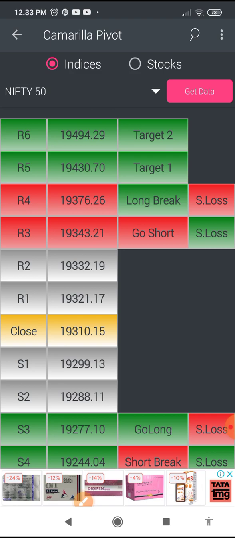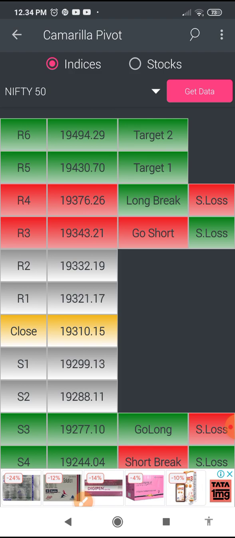It means it can go up to R5. Now if the distance between R4 and R5 is very large, then it may reverse from the midpoint of R4 and R5. Otherwise, if the trend is strong, it can go up to R5, and if it is very strong, then it can go up to R6 also.